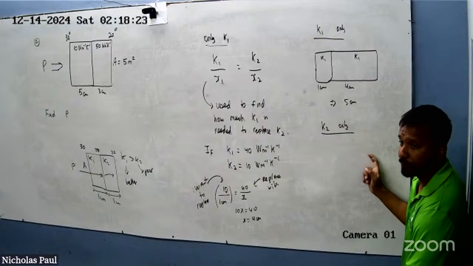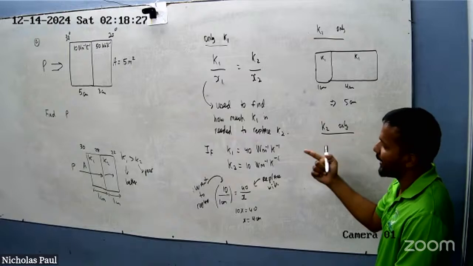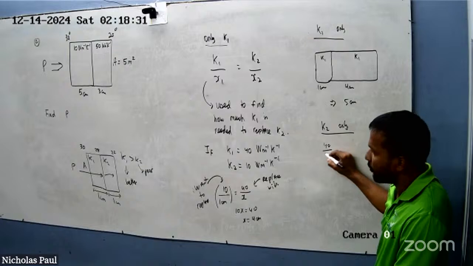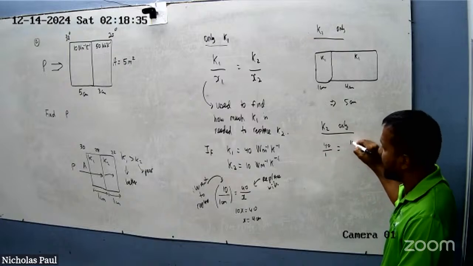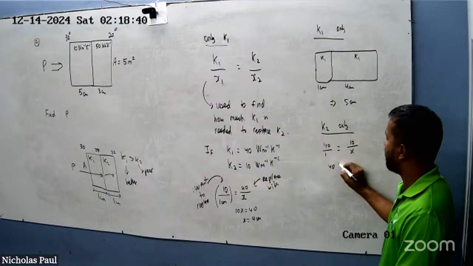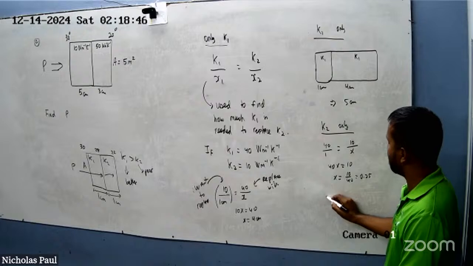So, you want K2 only, so I want to get rid of K1. K1 is 40 over 1, and I want to replace it with 10 over x. Cross multiply, you'll get 40x is 10, x is equal to 10 over 40 or 0.25.